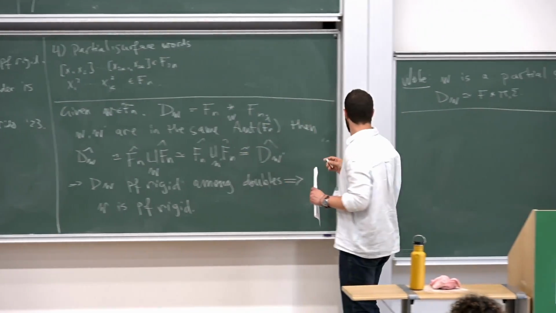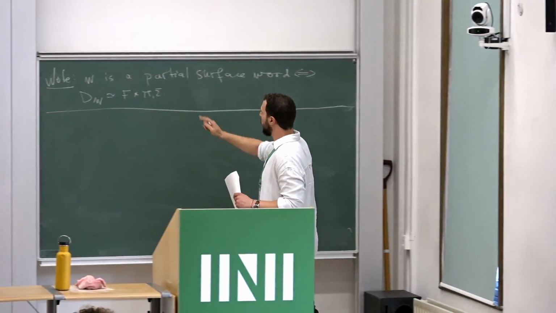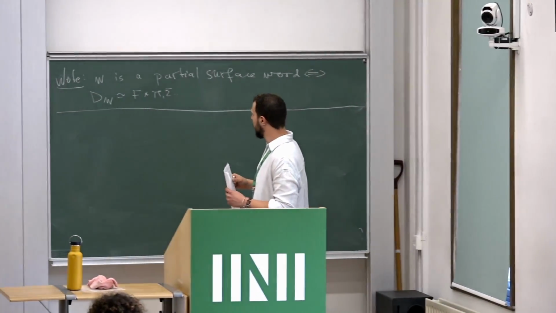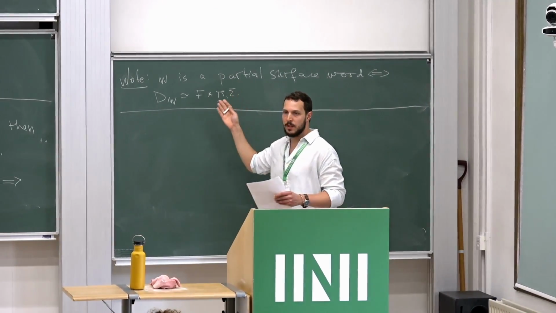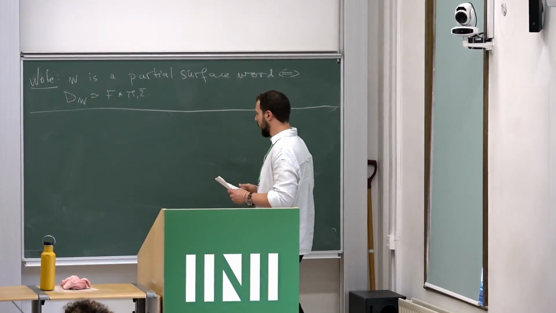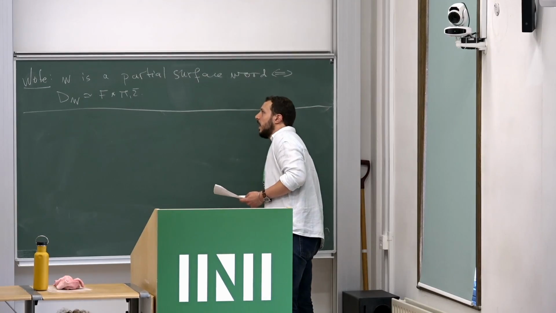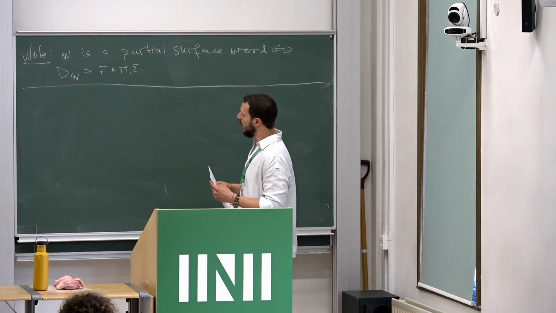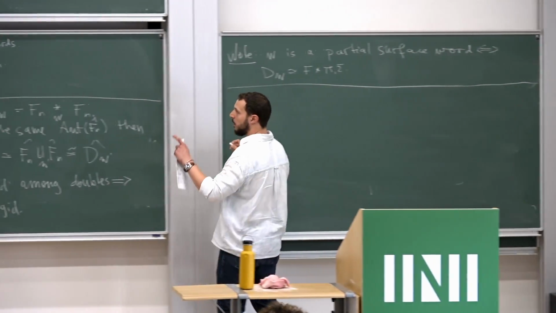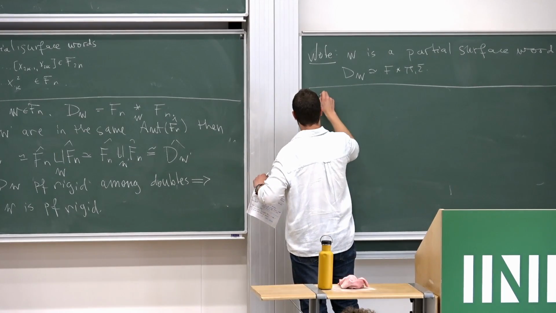our task is now reduced to showing that free products of free and surface groups are profinitely rigid in the class of doubles, or more generally in the class of hyperbolic graphs of free groups with cyclic edges. And this is something that follows from the main result in this project.